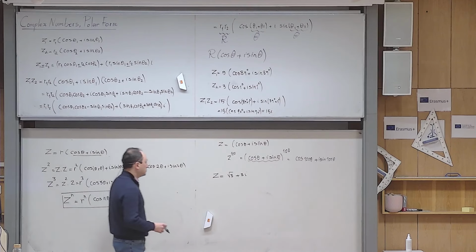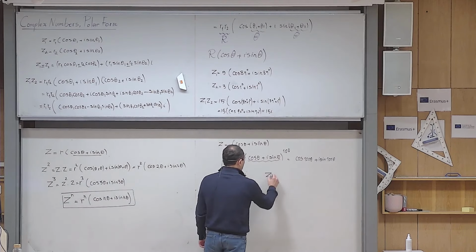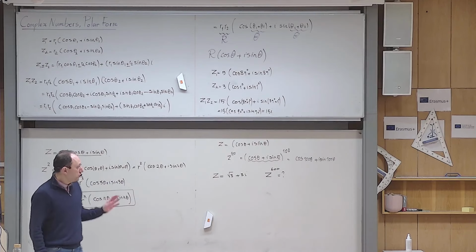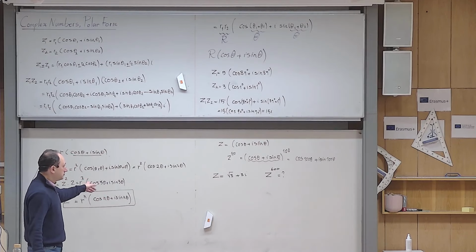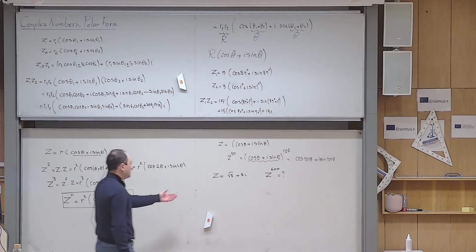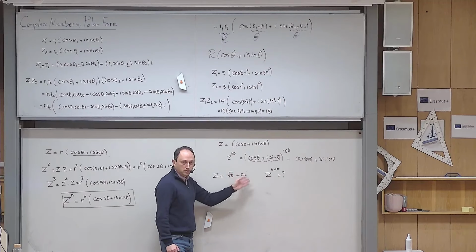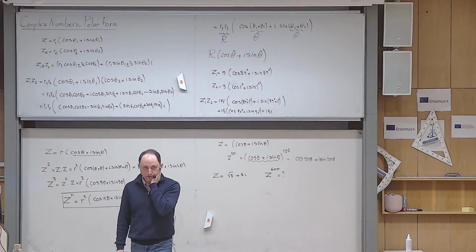I ask you to calculate z to power 600. Okay? So if you don't know this lesson, you should write this to the power of 600, and then you multiply it 600 times. Yes?